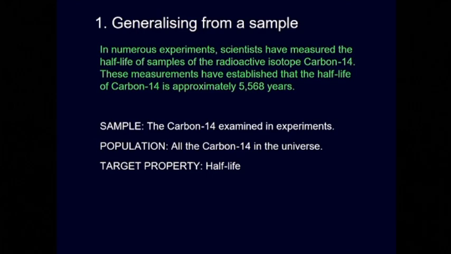Half-life means how long it takes to become half as radioactive as it was. And they found the half-life of carbon-14 is 5,500 years. Right? Because they haven't tested every possible bit of carbon-14 everywhere in the universe. They've just tested the sample, the bits that we have access to right here on Earth. So this is generalising from a sample.